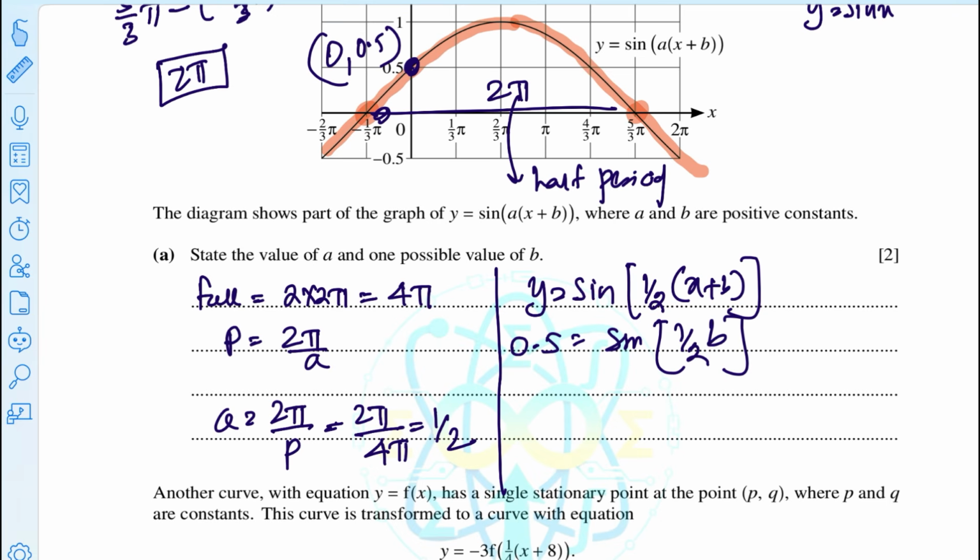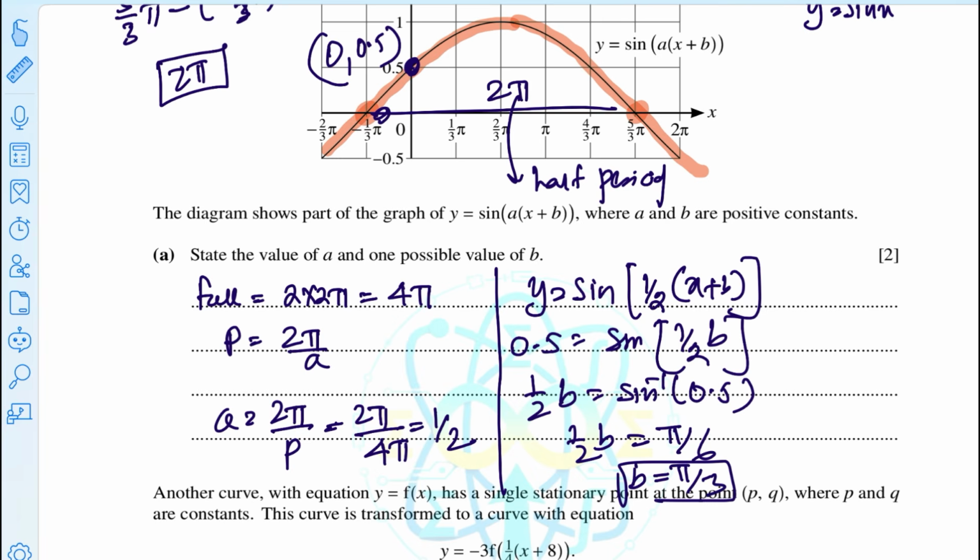So half b equals sine inverse 0.5, so half b equals pi over 6. Then if I rearrange it, b equals pi over 3. Is it okay? b equals pi over 3.